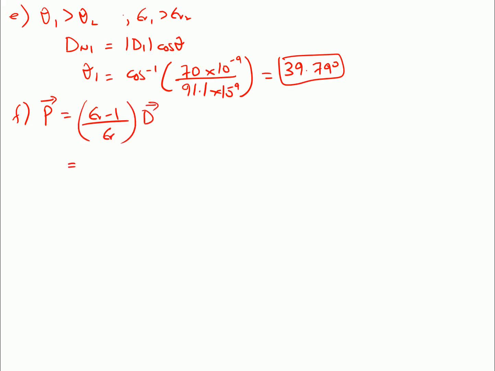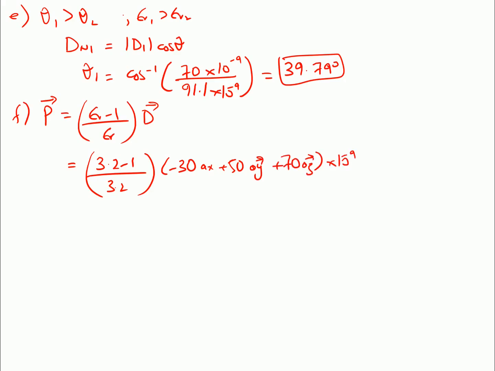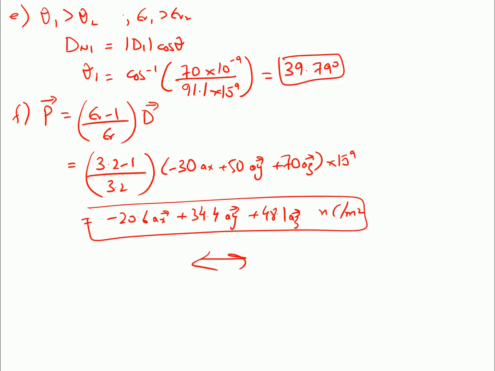So the answer will be 3.2 minus 1 divided by 3.2, and the value of D vector is 30 along A of x plus 50 along A of y plus 70 along A of z into 10 raised to power minus 9, and the answer comes out to be minus 20.6 A of x plus 34.4 A of y plus 48.1 A of z nanocoulomb per meter square. That is the answer, and this concludes the problem.